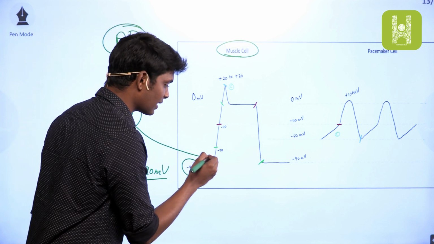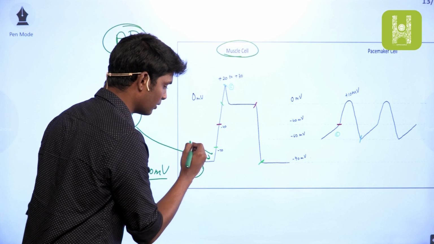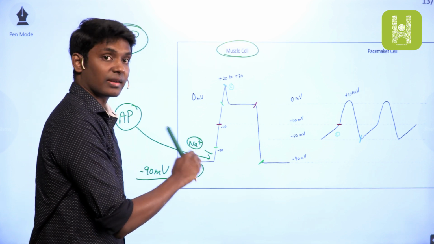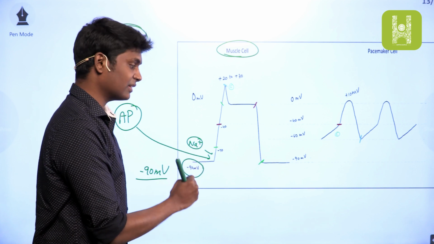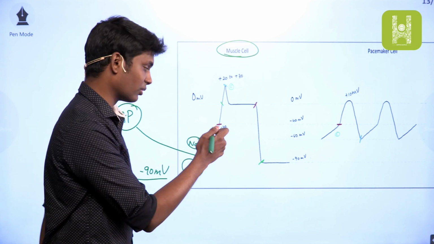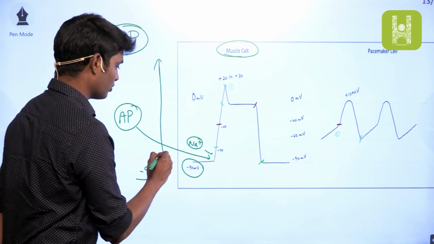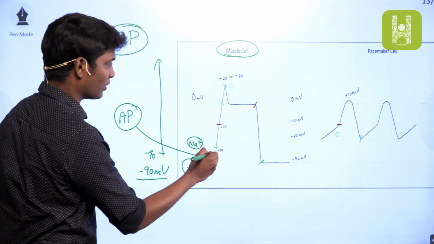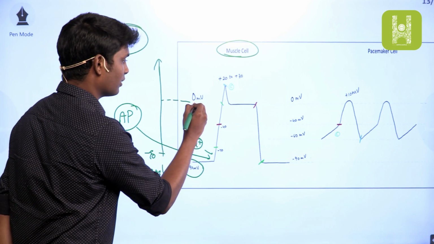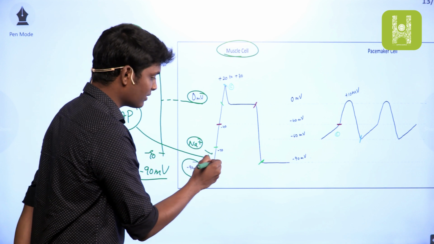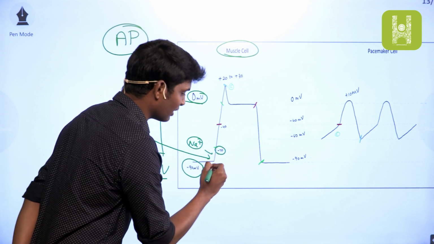So when sodium starts entering here, the resting membrane potential becomes less negative, or more positive. So this is how it goes. This is minus 90. You can see the 0 millivolt here. The potential reaches around minus 70.